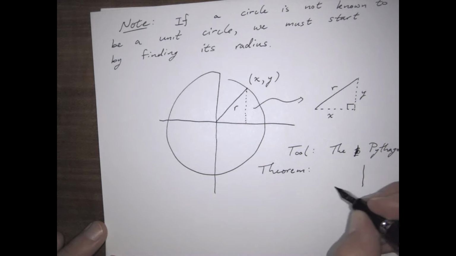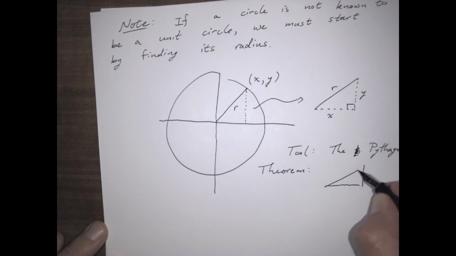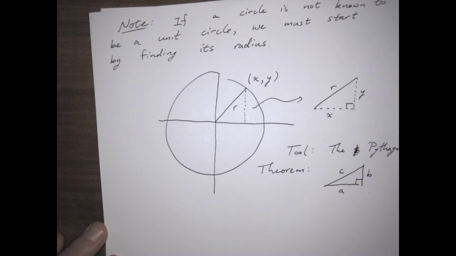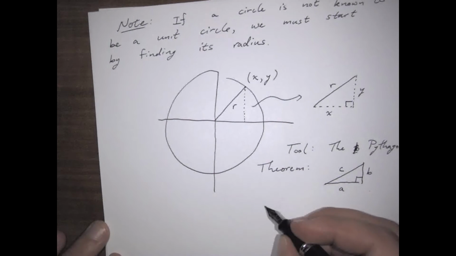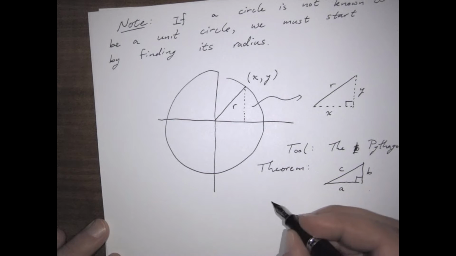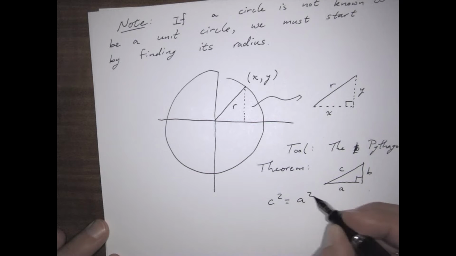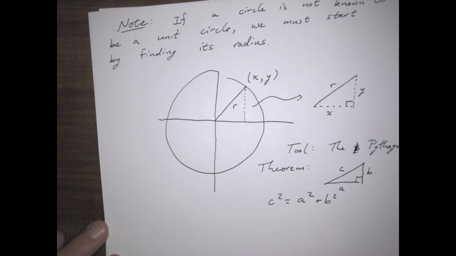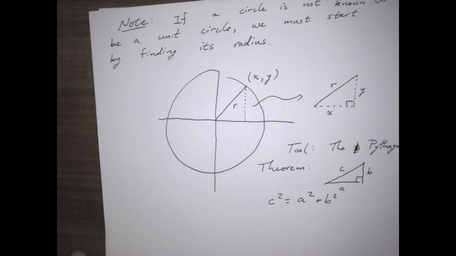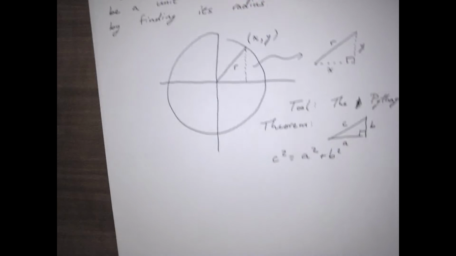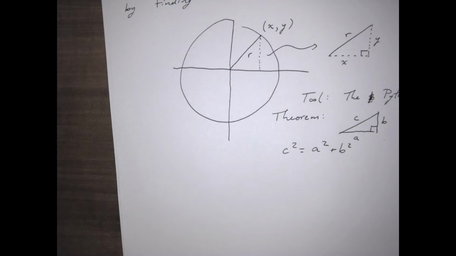So if we have a right triangle with legs A, B, and hypotenuse C, then, as you probably know, c squared equals a squared plus b squared. So this is a famous result. It is super useful in all kinds of contexts, and here it's just what the doctor ordered.